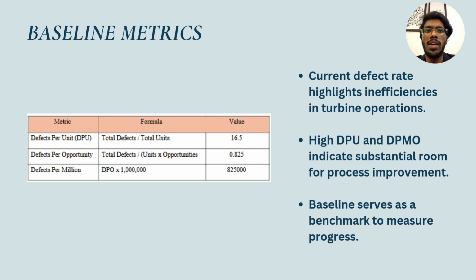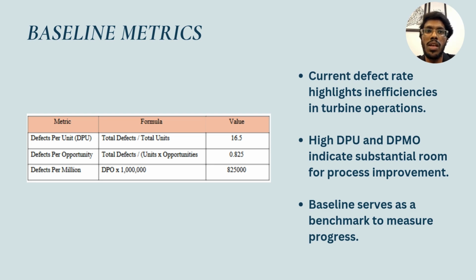This metric highlights substantial inefficiency in turbine operations, as evidenced by the high defect rates. So the data serves as a critical benchmark for measuring the impact of future improvements. By identifying and quantifying existing issues, the baseline metric enables a structured approach to monitoring progress.